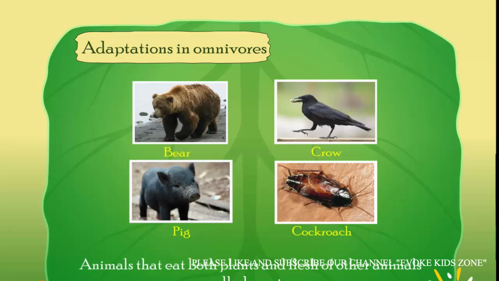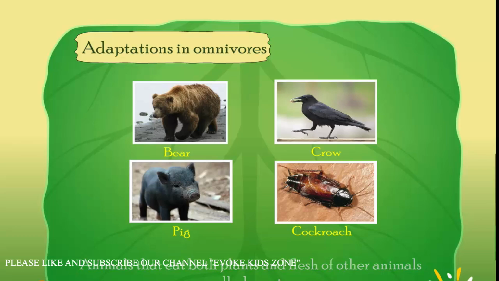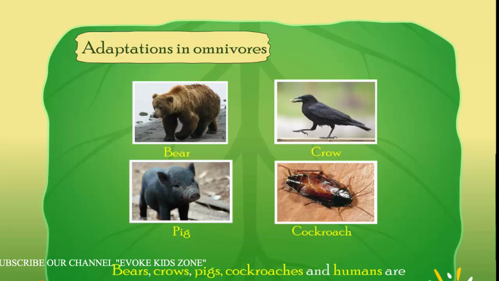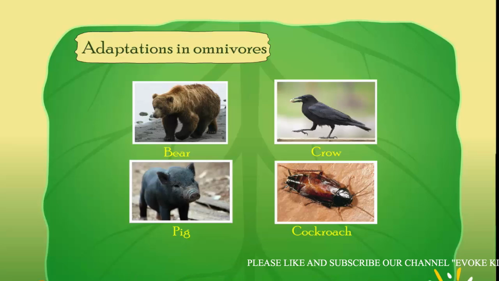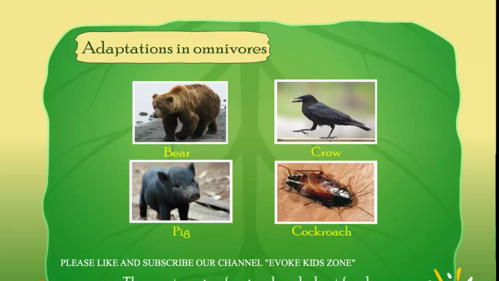Animals that eat both plants and flesh of other animals are called omnivores. Bears, crows, pigs, cockroaches, and humans are omnivorous animals. They are not specifically adapted to eat and digest either animal or plant food material. They eat a mix of animal and plant food.